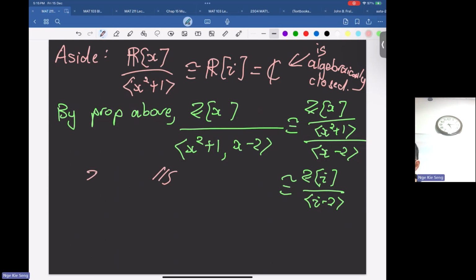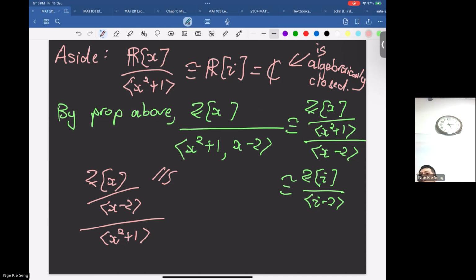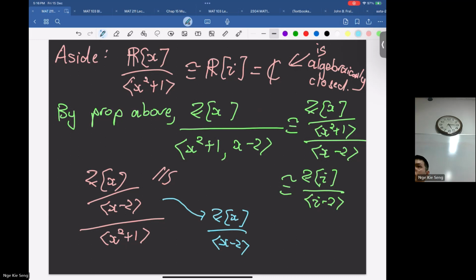We can instead divide by x minus 2 first. If I divide by x minus 2, what does it mean? I send my x to 2. So what does Z[x] over x minus 2 mean? What map has kernel x minus 2?